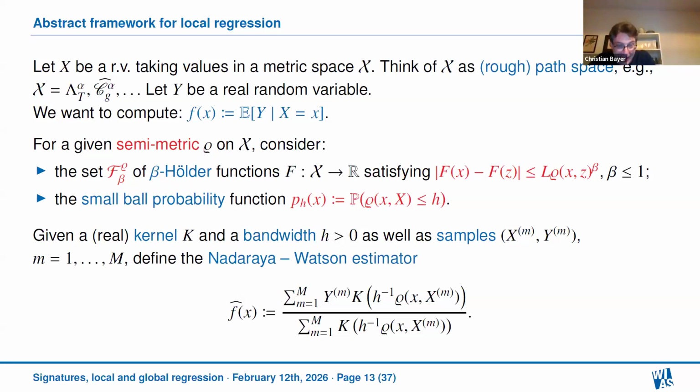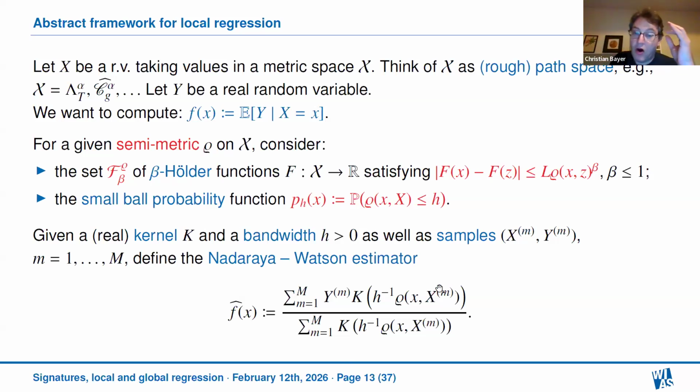So given a kernel K, and just to be clear, this is now a kernel in the sense of real numbers, so this is a function from R to R, and the bandwidth h, the local regression estimator, the Nadaraya-Watson estimator, is defined by, okay, I have my function, I have my point x.